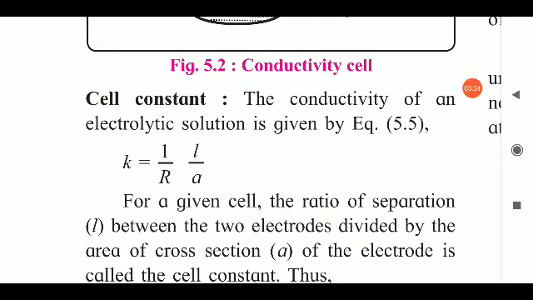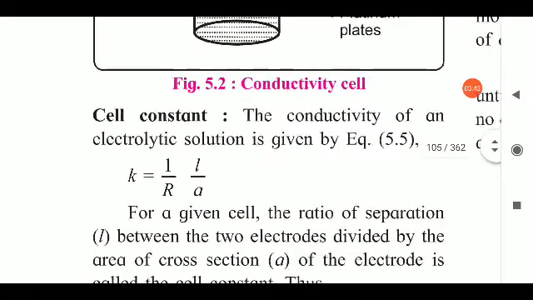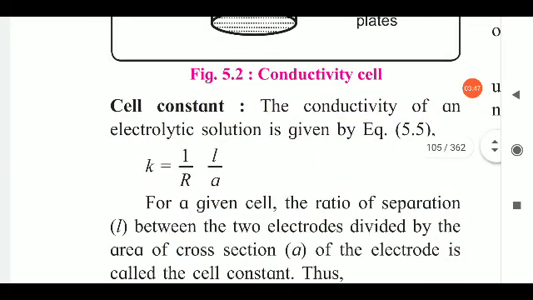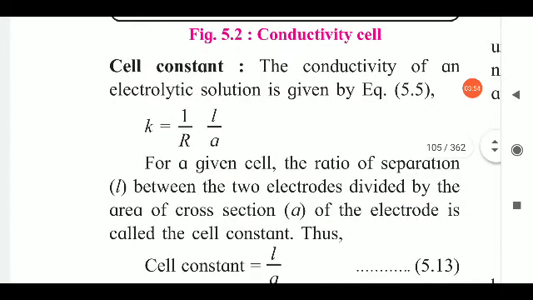Now students, L is the length and A is the area of cross section of the platinum plates which we have taken here. Now students, 1 upon R means the actual conductance of the solution. By using all these values we can determine the value of K. K is nothing but the conductivity of that unknown solution.